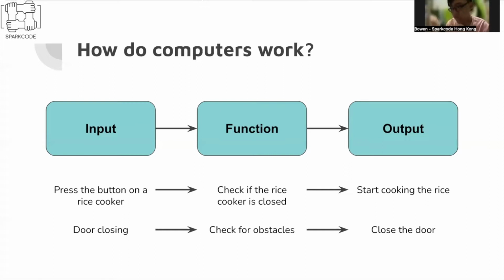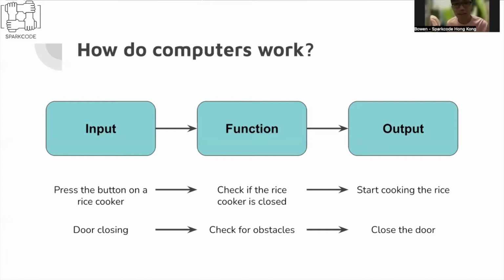Then we have the function. The function is the program that you're putting in. What you're making is essentially the function. The function is the program to check whether the rice cooker is closed. That could be done through maybe some sensors or some programs. We're not going to go into that, but that's the idea.